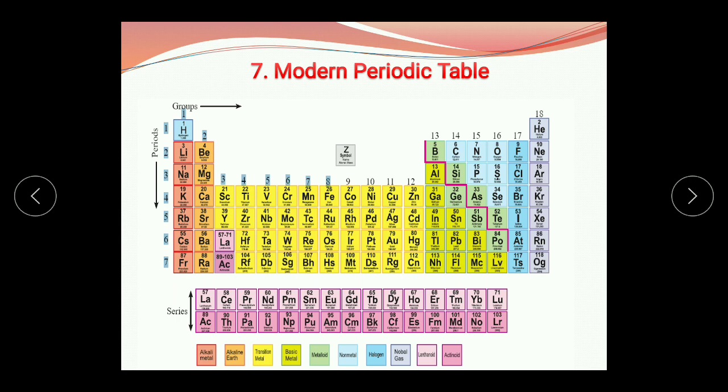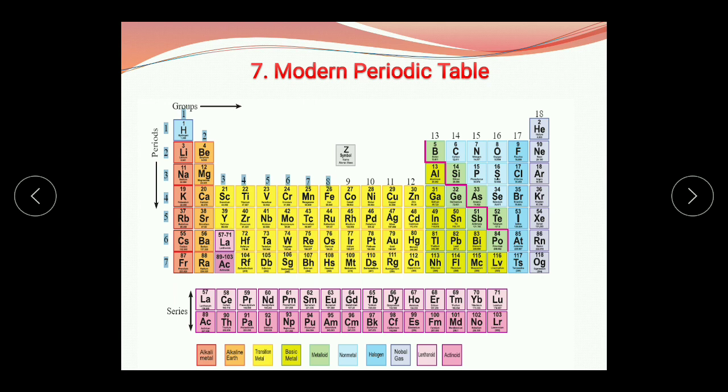There are in all 7 periods, as you can observe here also. There are 7 periods and 18 groups, numbered 1 to 18. In total, 118 elements are accommodated in this modern periodic table.